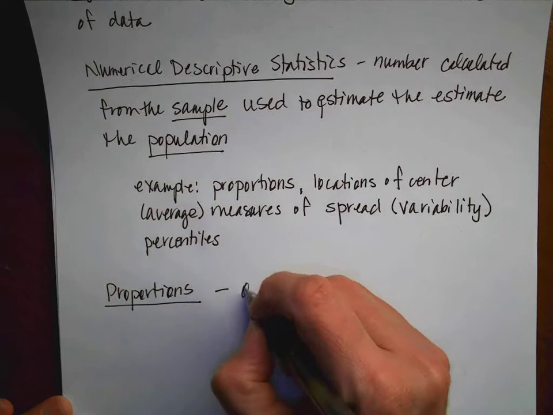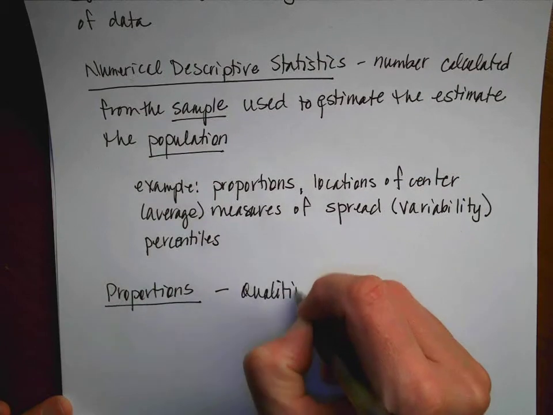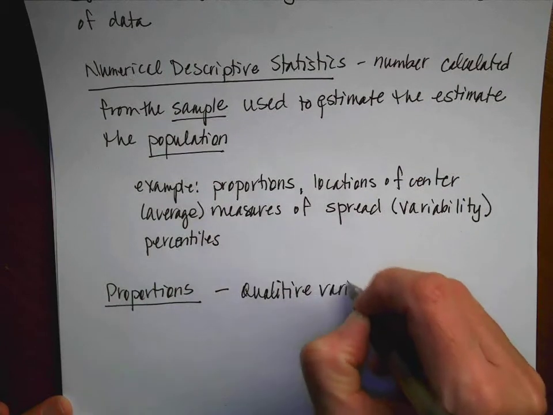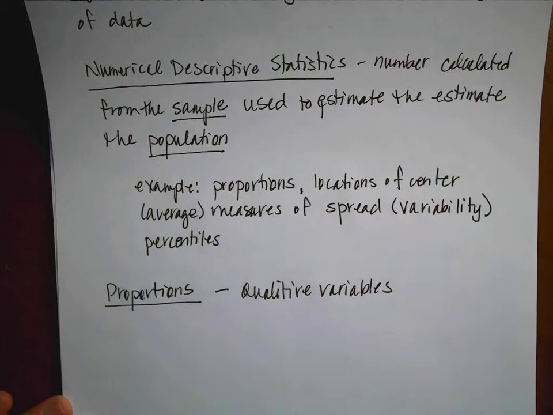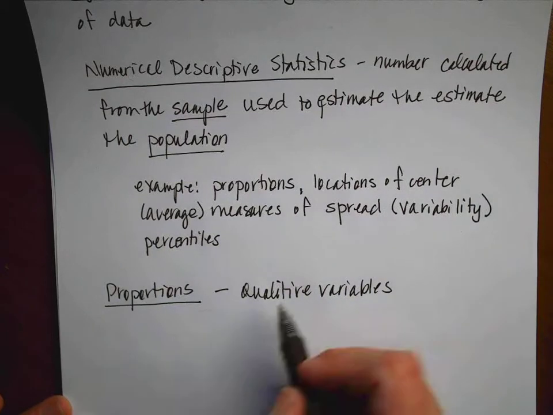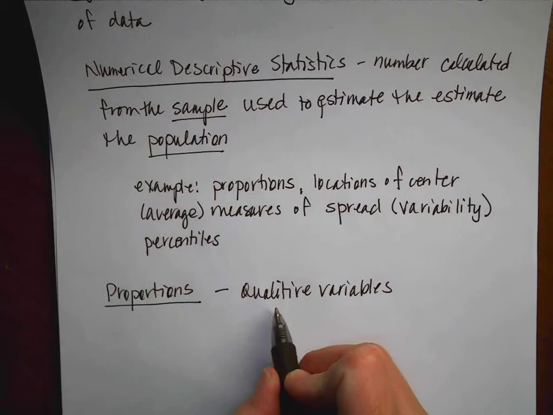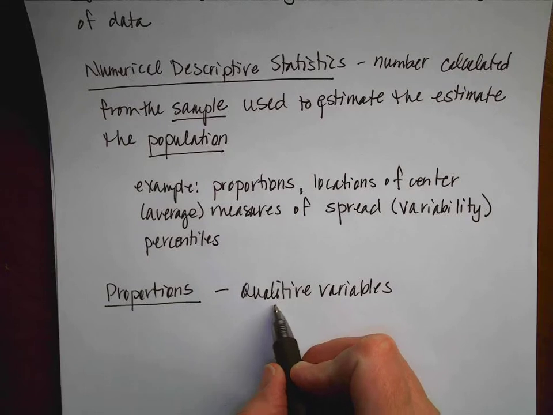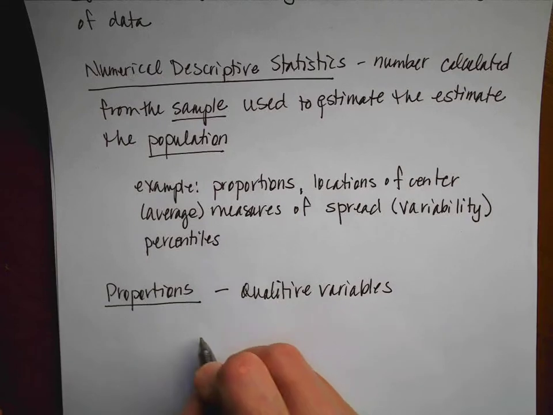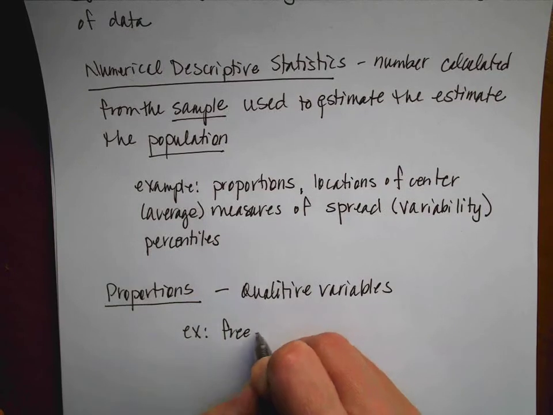And these are going to be for our qualitative variables. Okay, so we can do proportions on qualitative. We can also do it on quantitative, but we're going to look at qualitative first. So an example of qualitative data would be a free throw percentage.